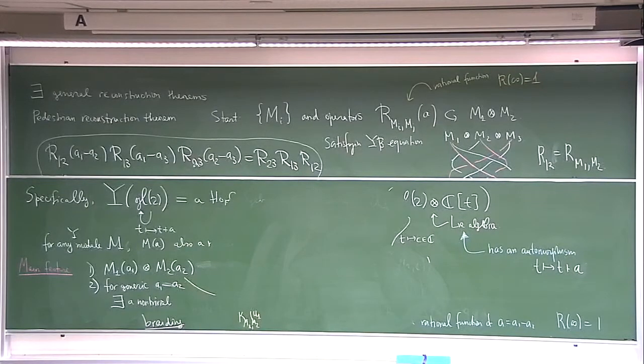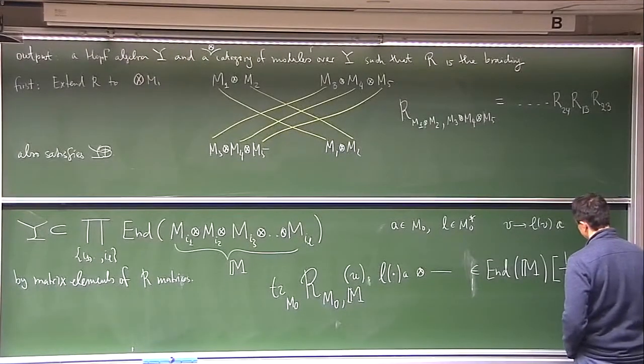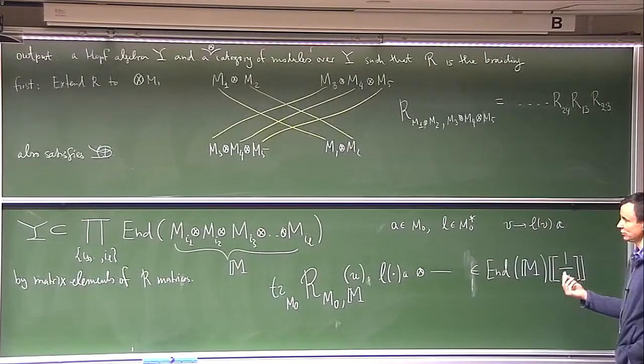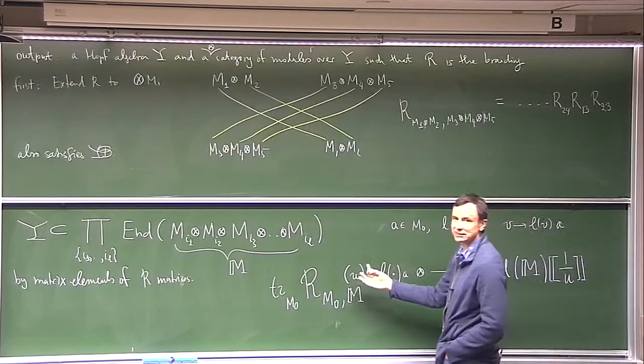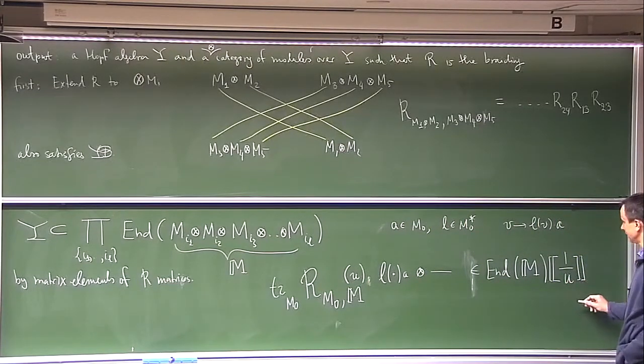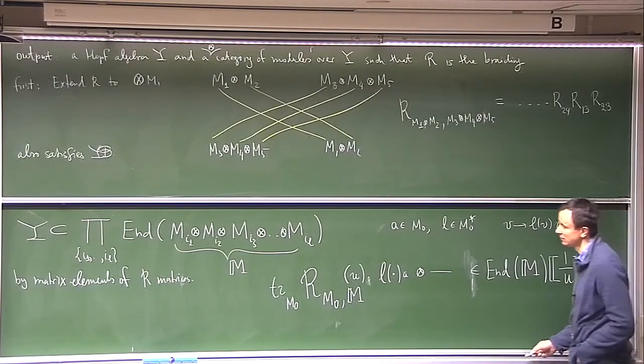So this is now a rational function, which we can also expand around infinity, since at u equals infinity, this identity is not a very interesting operator. Maybe we expand it around infinity, and we pick a coefficient.